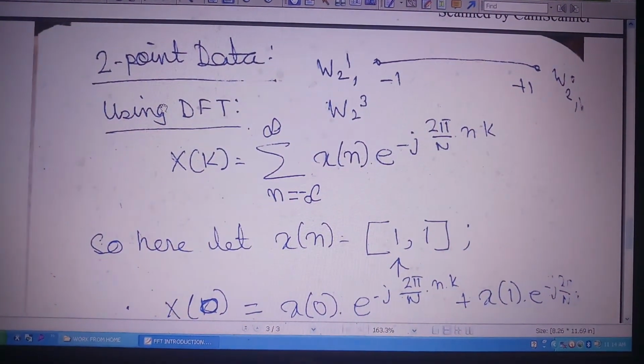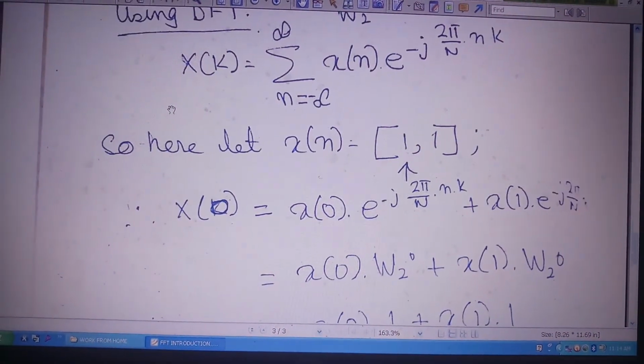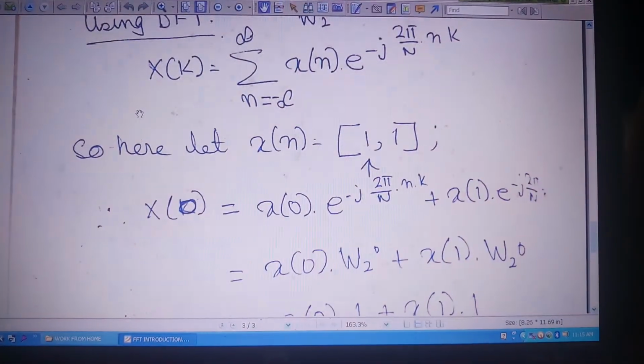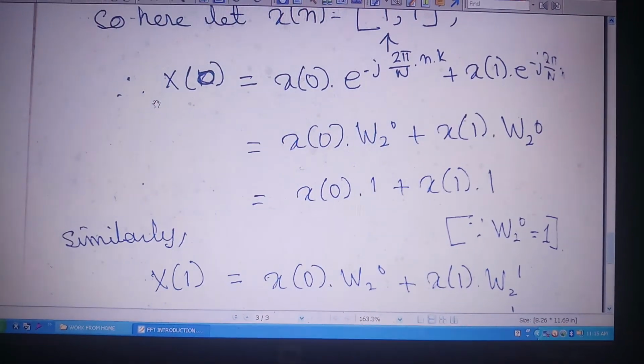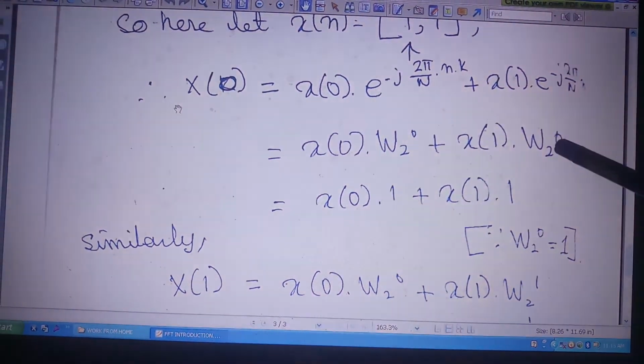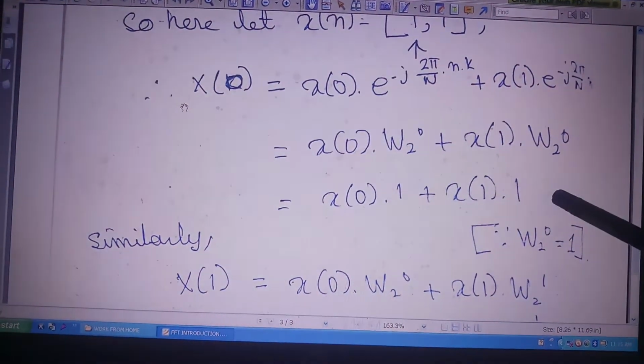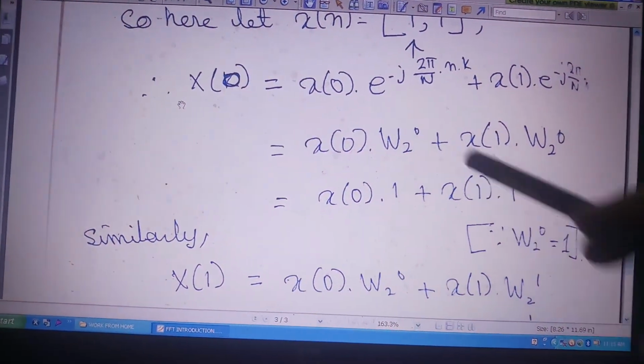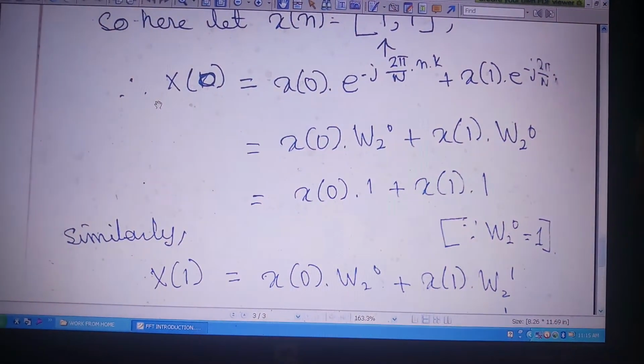So let me take a 2 point DFT. The computations are given. You see, here it comes this one, here it comes this one. So the expression reduces to this one. I remove the W20 because I already know W20 is equal to 1.